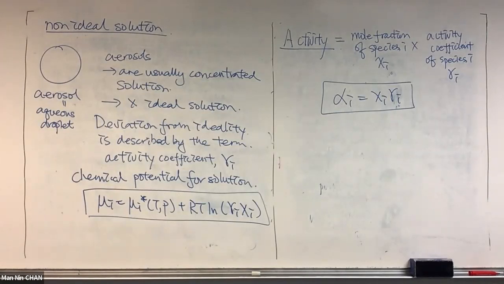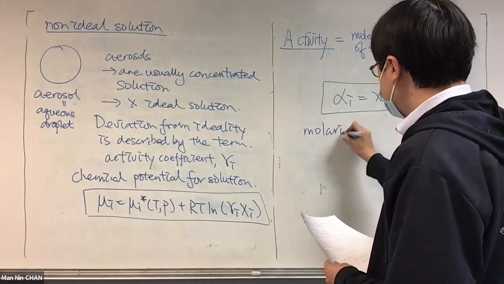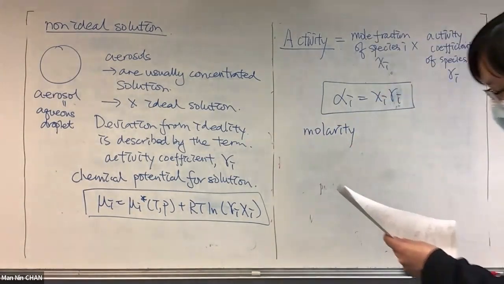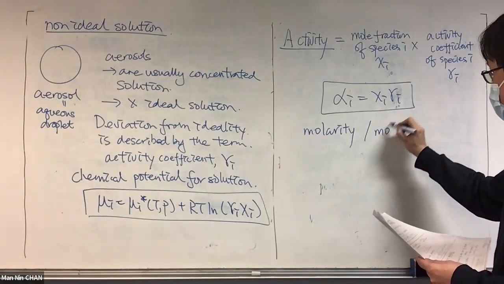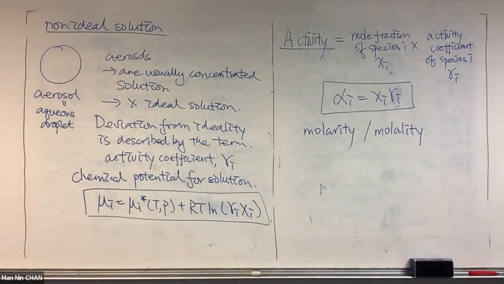Okay. Just one more thing we want to highlight here is, of course, from time to time we use the mole fraction, but some of the time people will use the molarity and also the molality, right? So they're different, right?